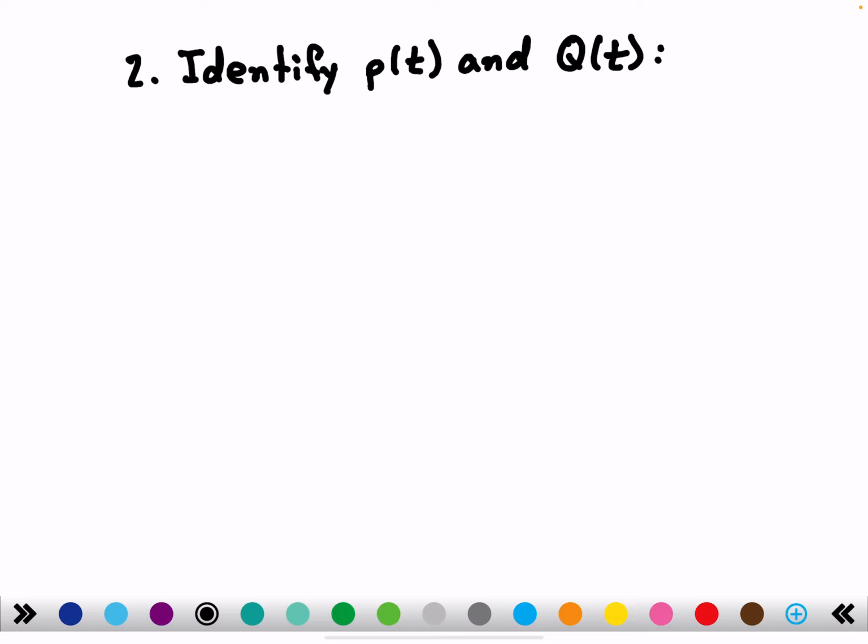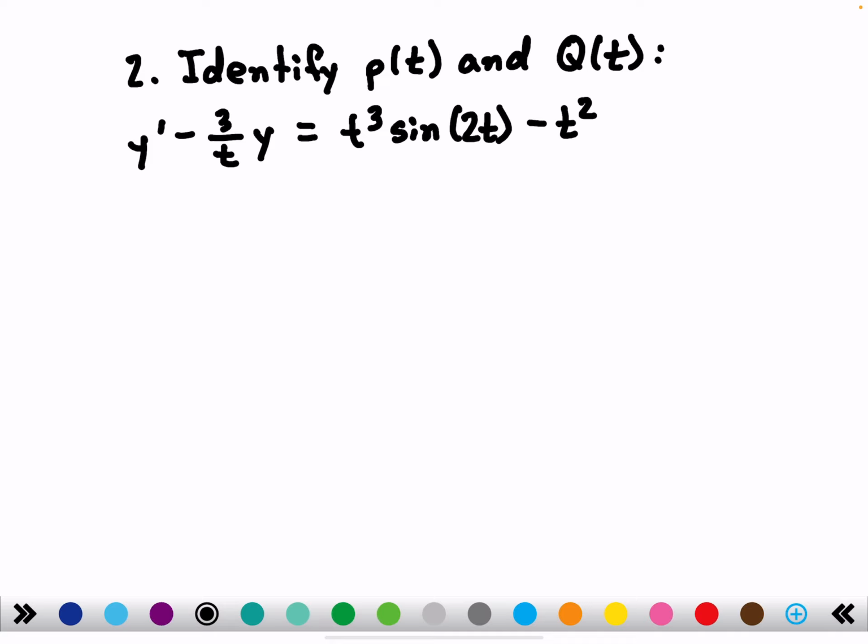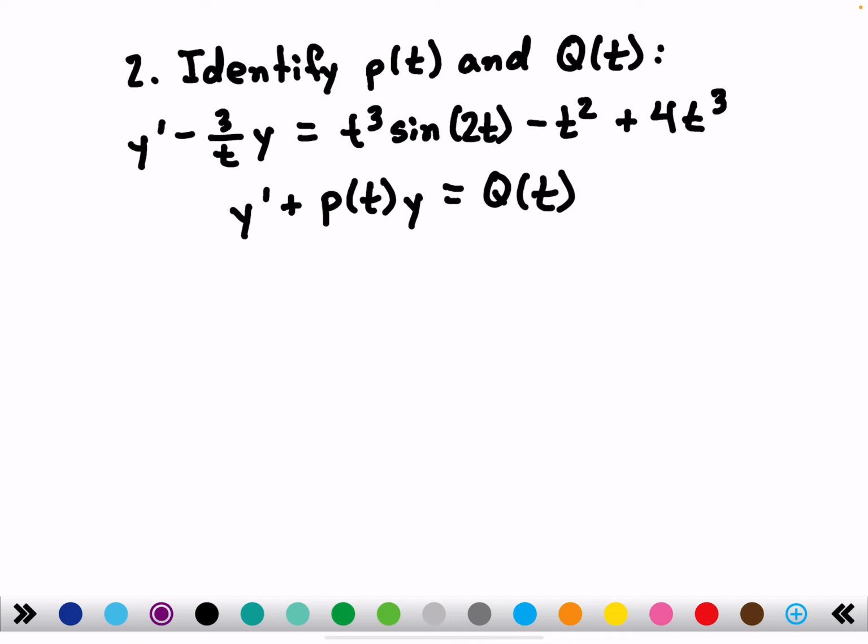Step number 2, identify p sub t and q sub t. Our equation is y prime minus 3 over t times y equals t cubed sine of 2t minus t squared plus 4t cubed. Now, the form of this differential equation is y prime plus p sub t times y equals q sub t.